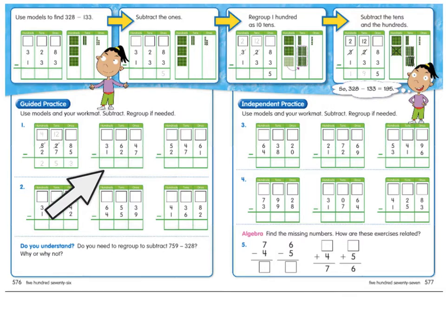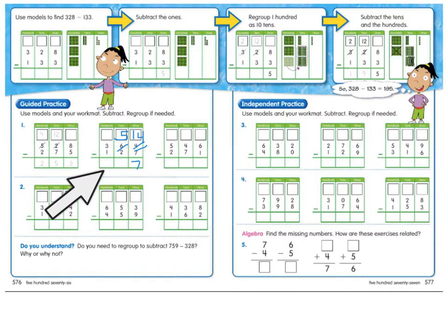So I'm going to cross off the 6 tens and turn it into 5 tens. And the 4 ones, I'm going to cross off, and I'm going to give it 10 ones. So 10 ones and the 4 ones equals 14.